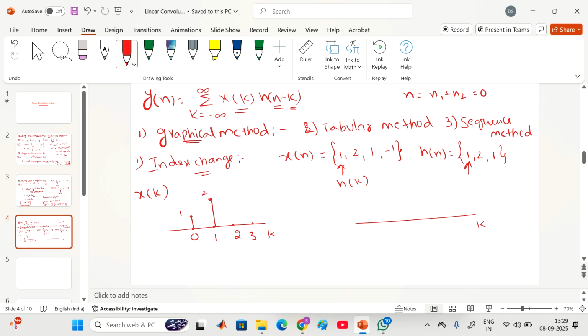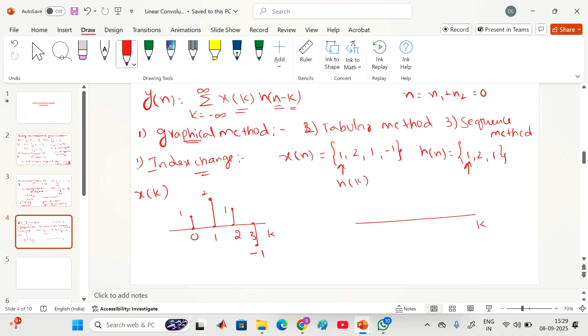So if it is x of n, the x-axis is n; if it is x of k, we are changing the index n to k. The sequence is 1, 2, 1, minus 1. So here also I have 1, and at 3 I have minus 1. This is the graphical representation for the first sequence.